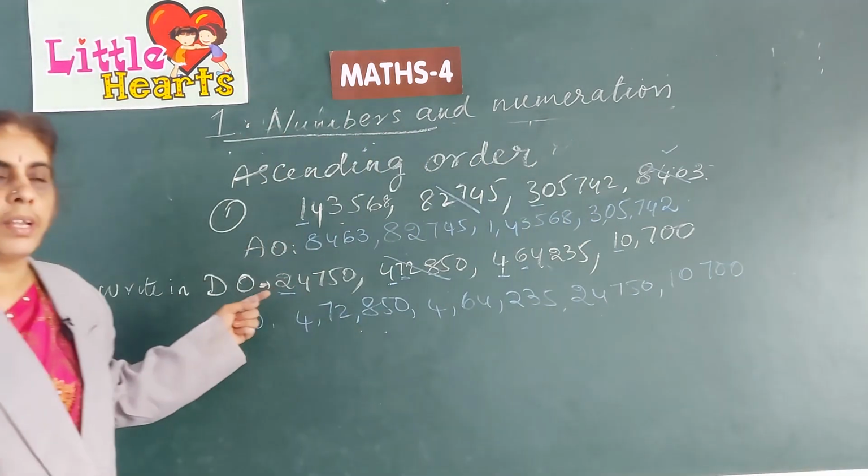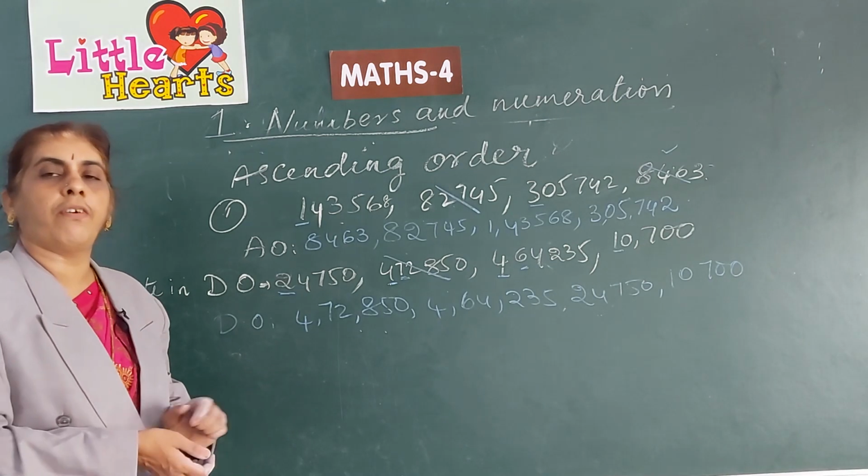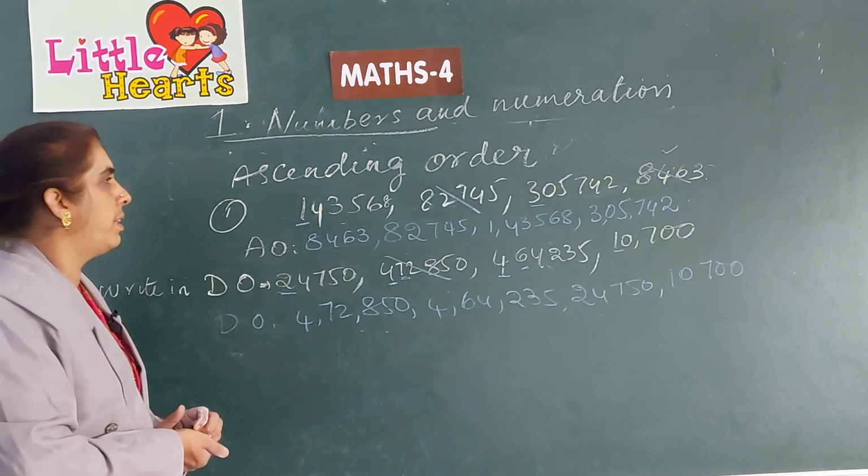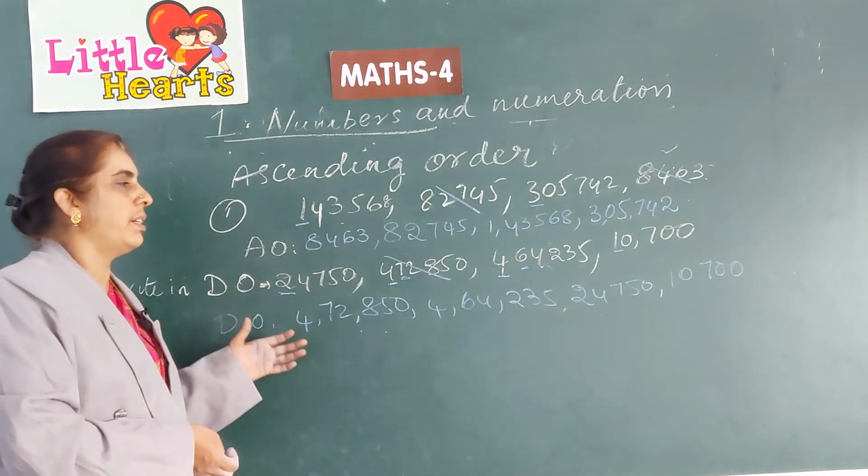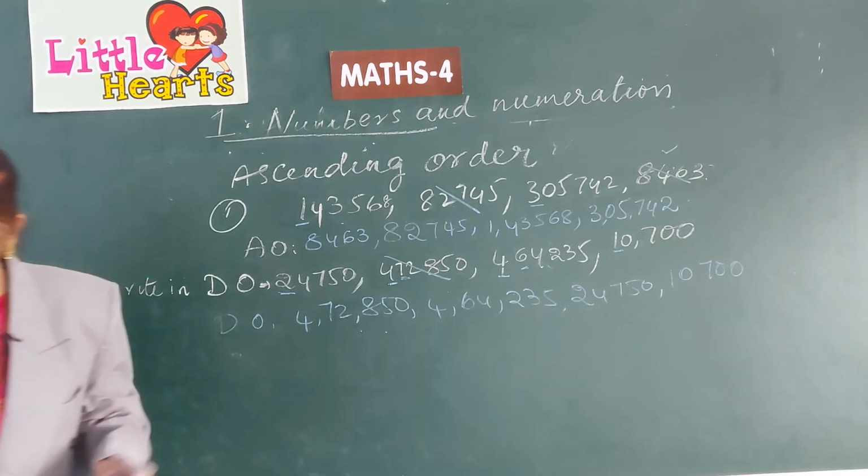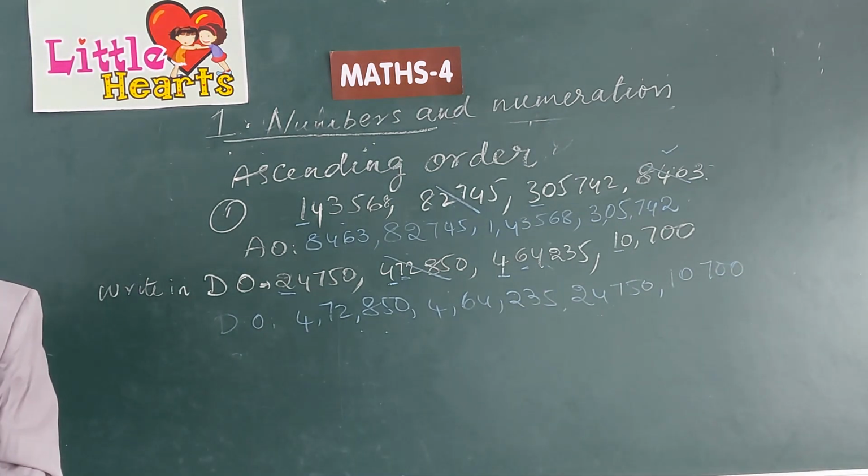In this way, you can arrange all the 5 and 6 digit numbers, given 6 digit numbers in ascending order or descending order.